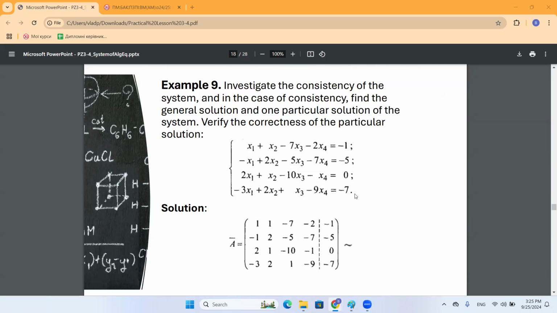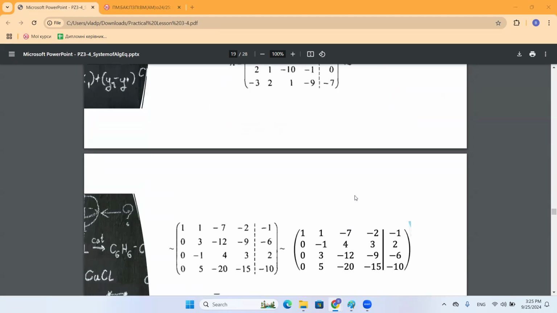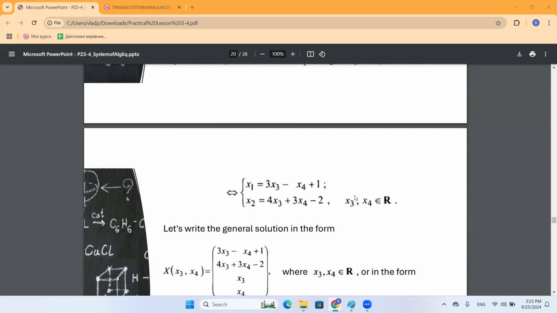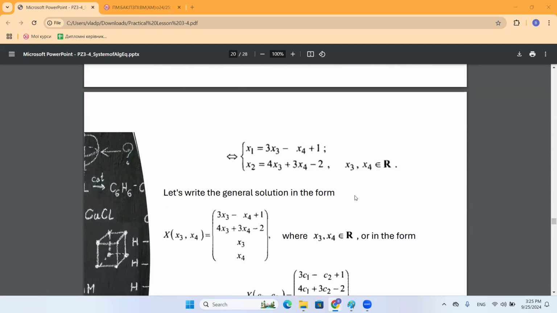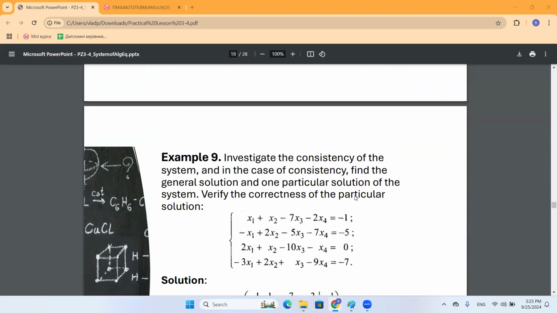So if we can actually solve it. This system is not homogeneous, but let's solve it. But anyway, we can transform it in such a way.